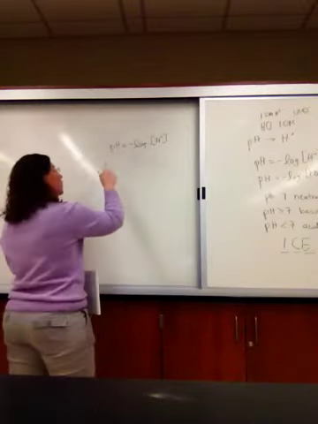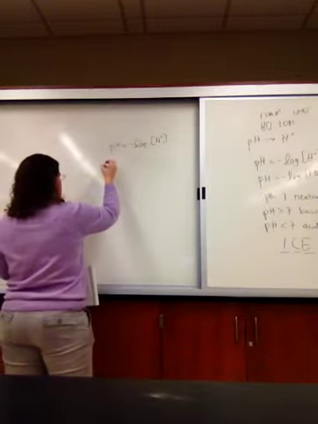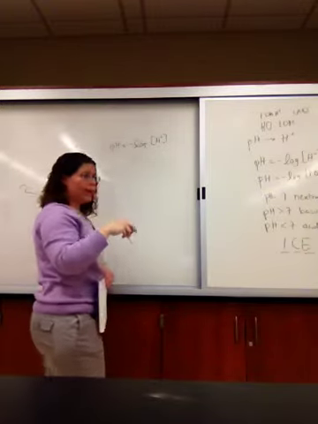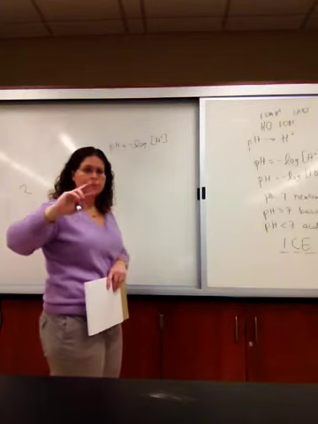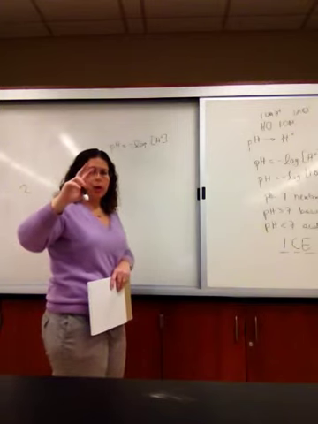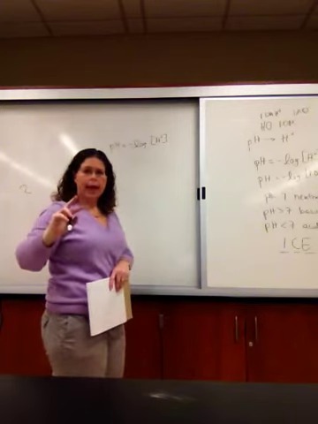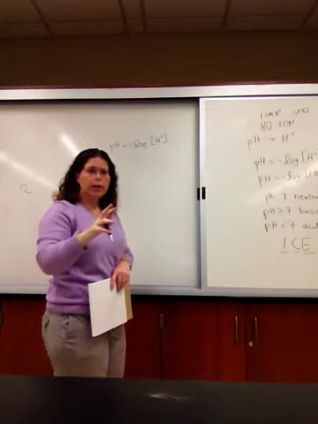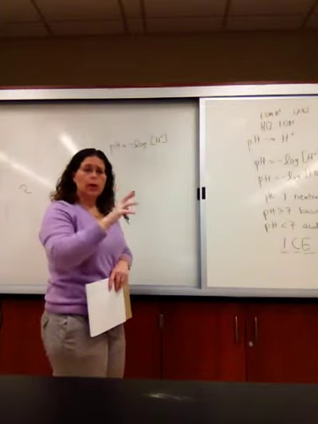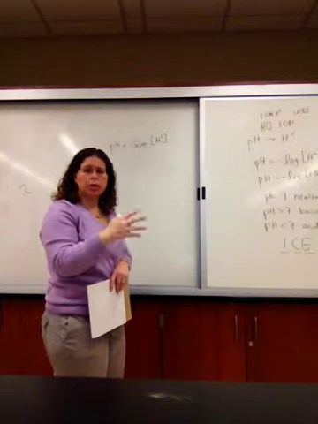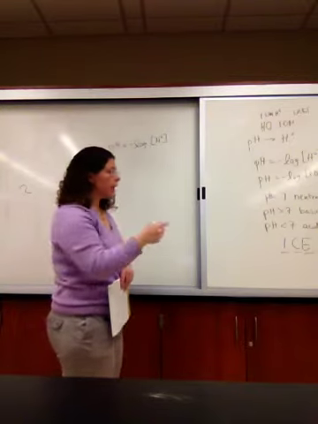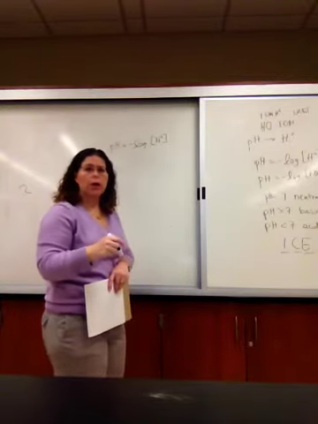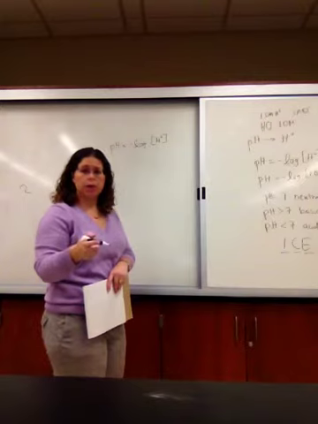But Henderson-Hasselbalch shows us that with a weak acid, weak base, we can take the ratio of the base to the acid, and that will give us what the pH is of the solution with respect to its Ka value that we talked about, the ionization constant for the acid.